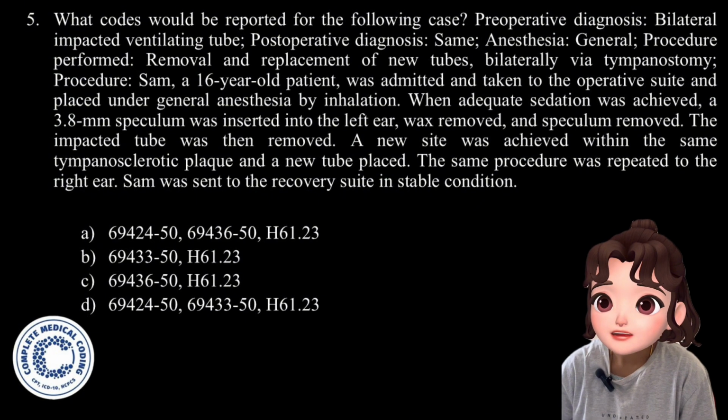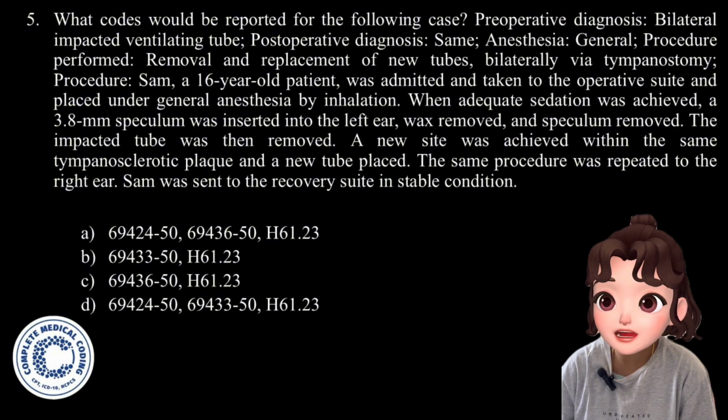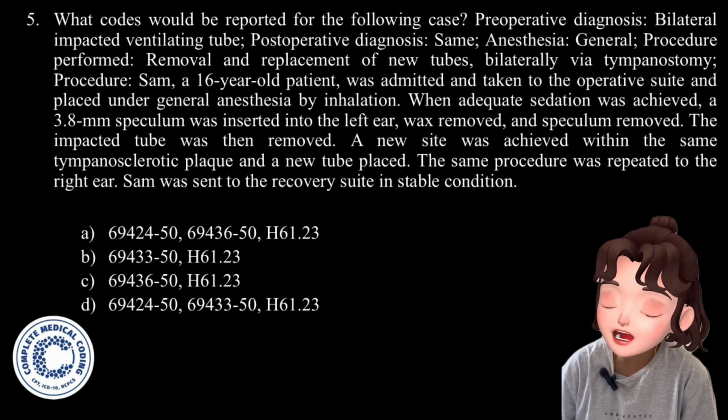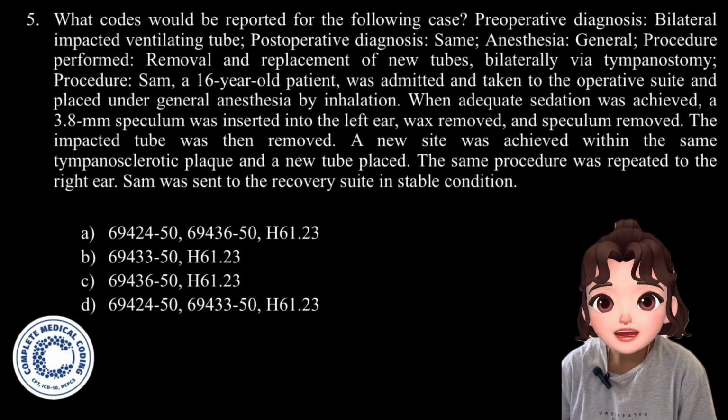So 69436 is the CPT code that we need. Append it with modifier 50 because the procedure is carried out on both ears. Initially it was on the left ear, then it is mentioned at the end of the question that the same procedure was repeated on the right ear, so it means it's bilateral. That is the correct CPT code.